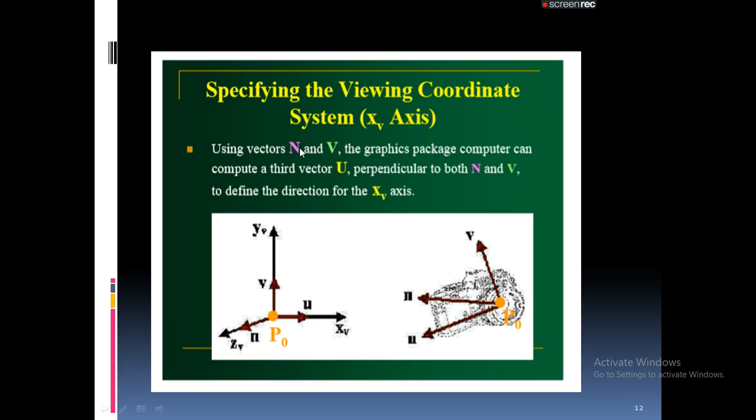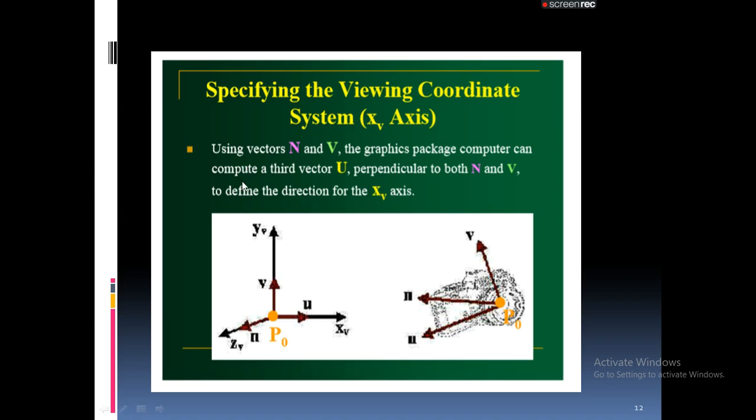If you take the cross product of n and v, you will get u. That is, to compute the third vector u, the x axis, perpendicular to both n and v: if you draw one vector that is perpendicular to n and v, it will become the x axis.